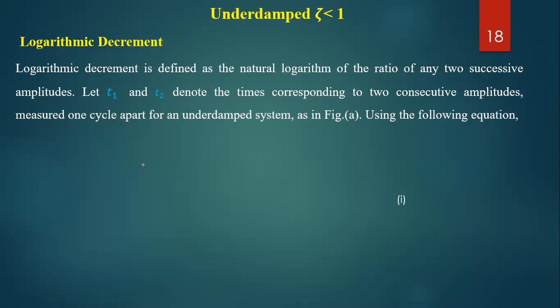So logarithmic decrement is defined as the natural logarithm of the ratio of any two successive amplitudes. Let t1 and t2 be the times corresponding to two consecutive amplitudes measured one cycle apart for an underdamped system.